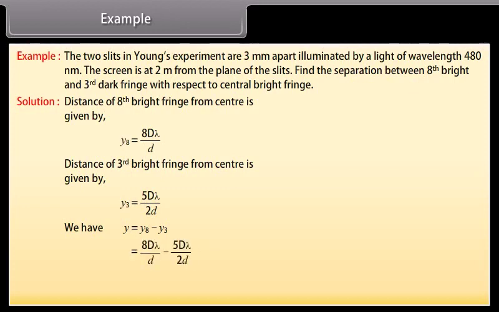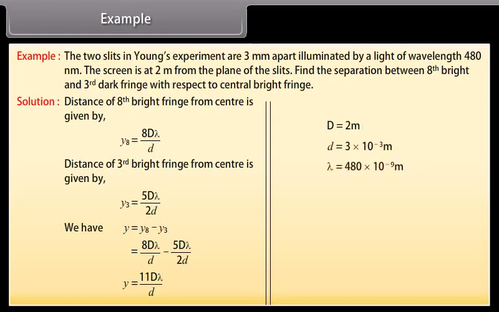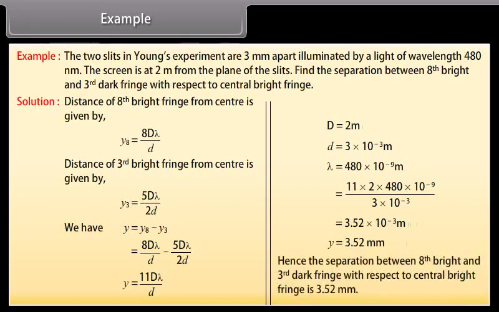By putting in the values and calculating, we get y equal to 11 capital D lambda upon 2 small d, which gives y equal to 3.52 millimeter. Hence, the separation between the 8th bright and 3rd dark fringe with respect to the central bright fringe is 3.52 millimeter.